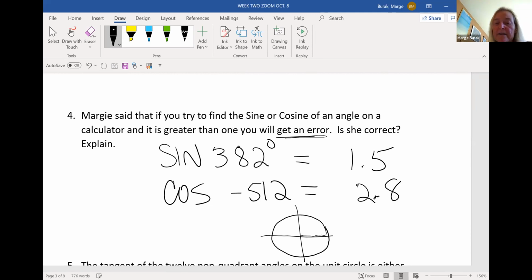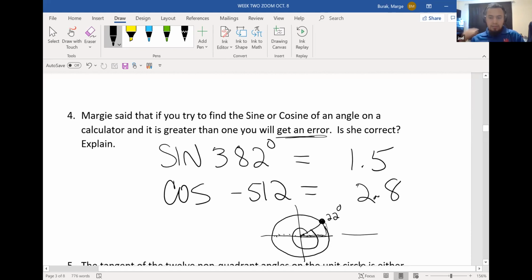And so the cosine is any point on the x-axis. It's the coordinate of these points. So if I'm talking 382 degrees, that's coterminal with 22 degrees, because I go all the way around the circle, 360 plus 22. And the cosine can't be more than 1.5 because that's off the unit circle.